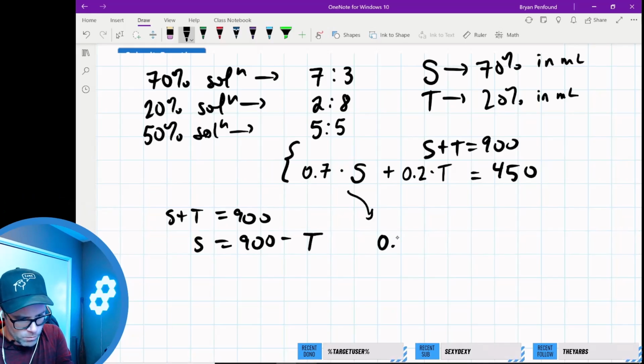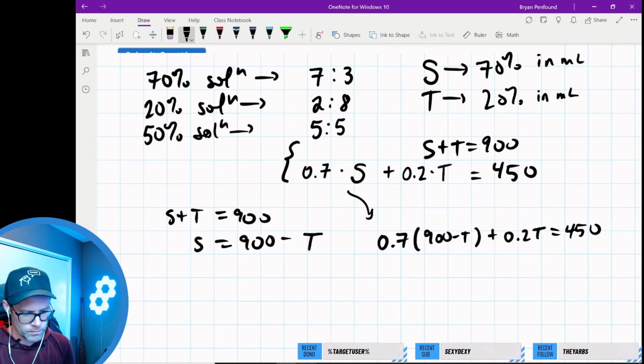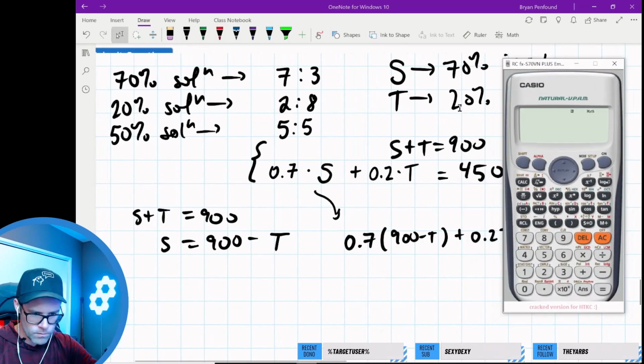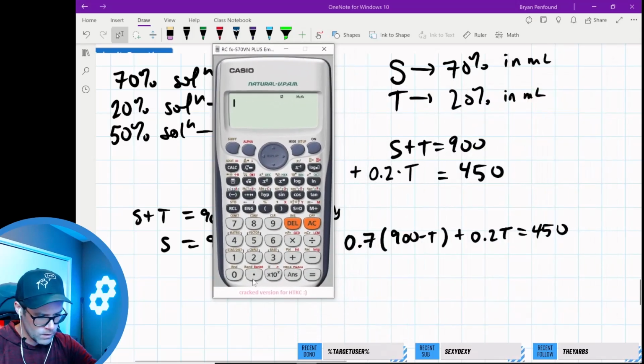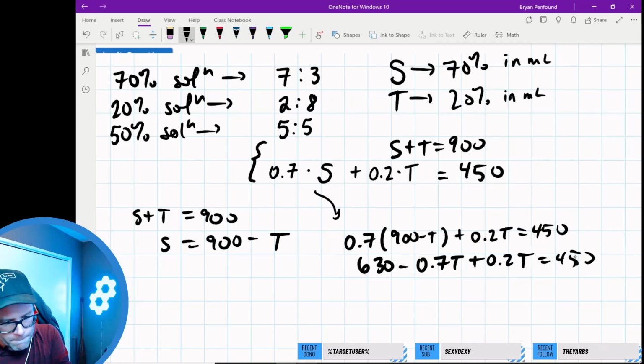So we'll have 0.7 times (900 minus T) plus 0.2T is equal to 450. What is 70% of 900? 630. So 630 minus 0.7T plus 0.2T is 450.